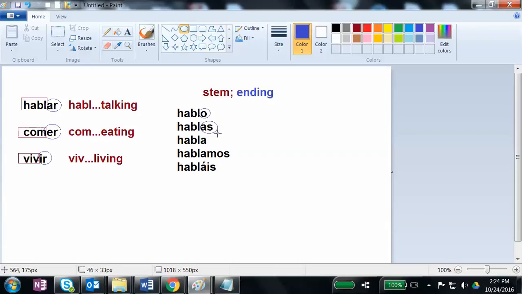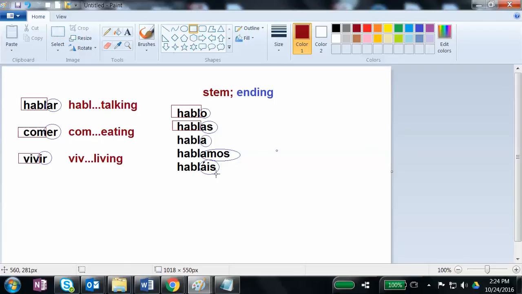I'm speaking, you are speaking, he, she, or you are speaking. In some cases, you're going to need a little more information than just conjugating. But here, we are speaking, y'all are speaking, so that habl lets us know that speaking is happening. But the ending lets us know who's doing the speaking, okay?